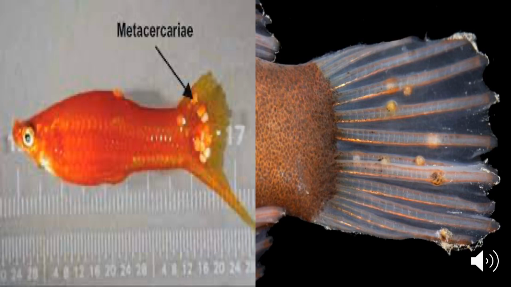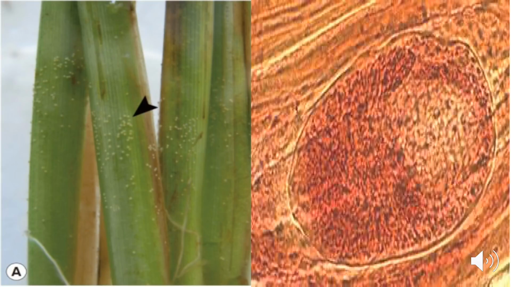Eating this one raw will predispose us to develop the infection caused by the trematode or parasite. Some metacercaria can be found encysted on the freshwater plants or aquatic plants. And shown on the right side of the screen is a picture of one encysted metacercaria.